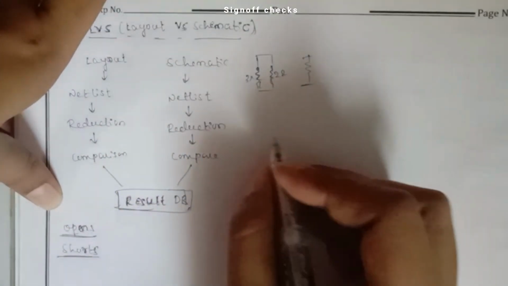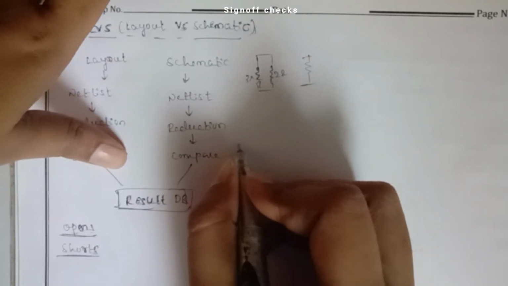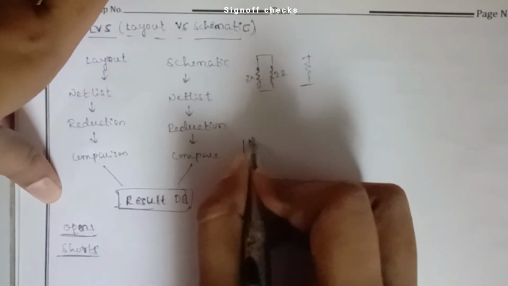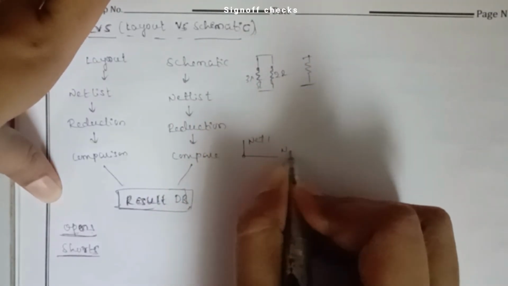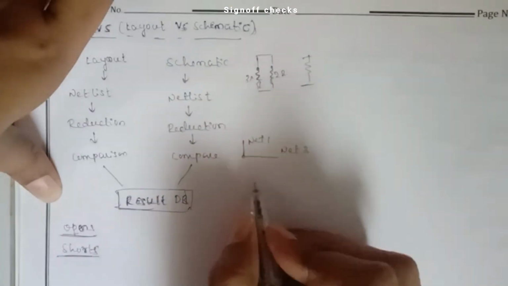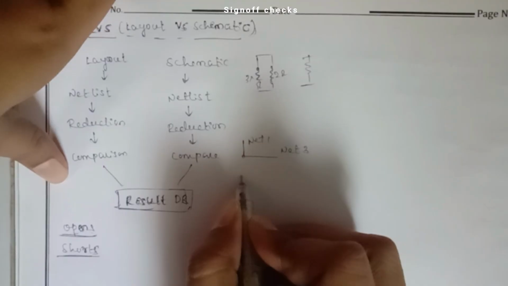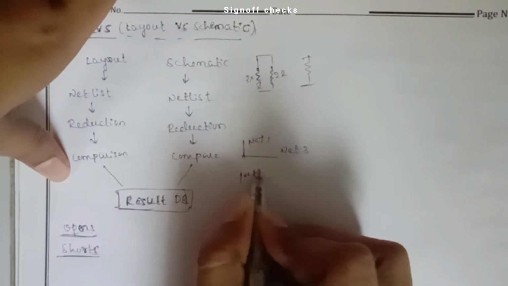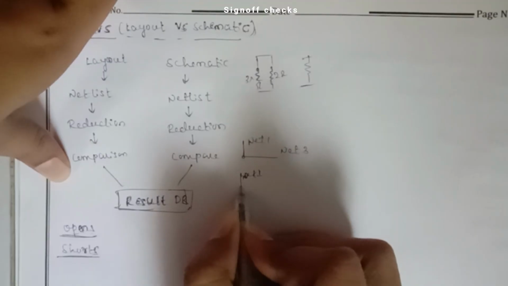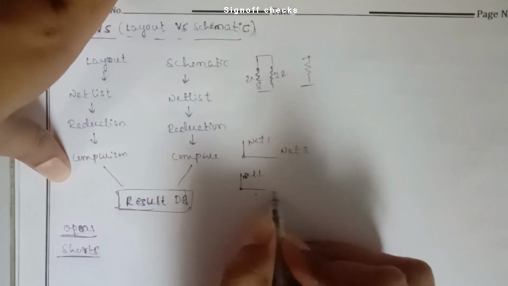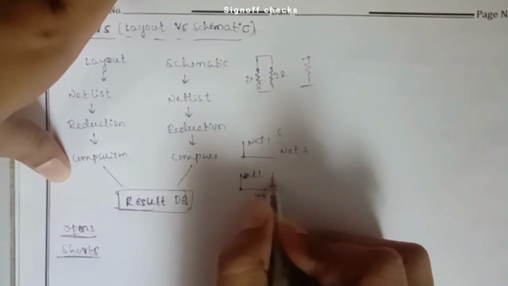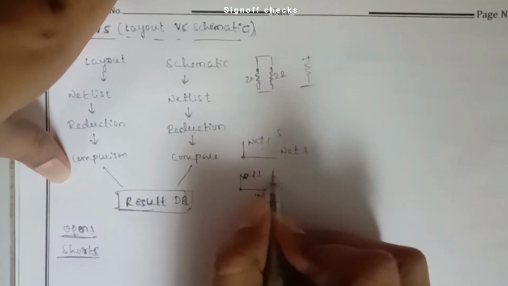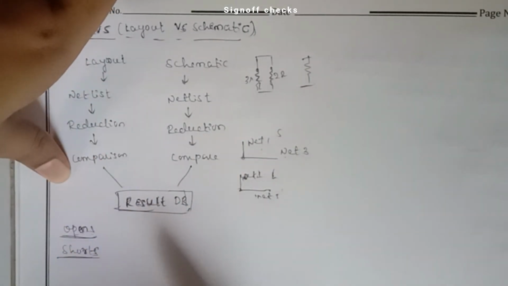For example, if there is a net 1 and I'm connecting it to net 3 in the schematic, but in the layout I have made a little change, so net 1 is directly connected to some other node like net 5, then it will throw the error, because in the schematic it is connected to net 3, but in the layout it is connected to net 5. It will give a shorts or connectivity error.